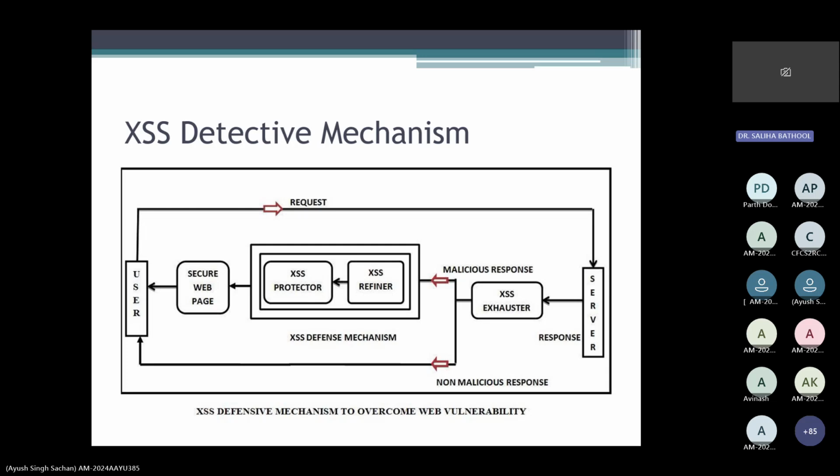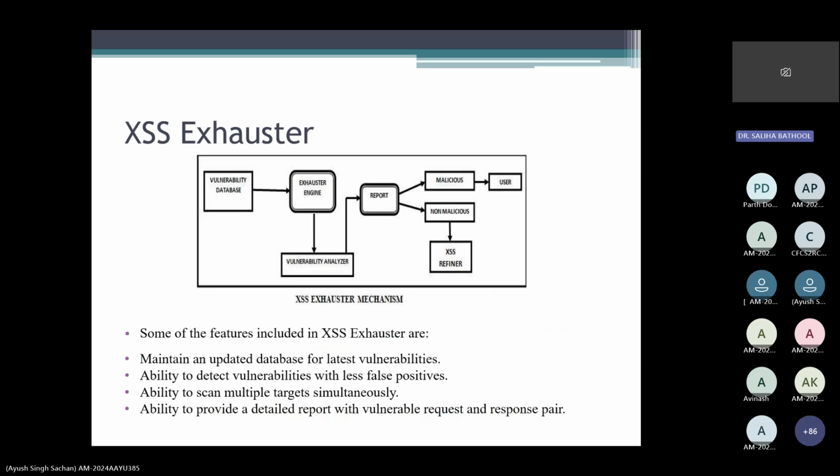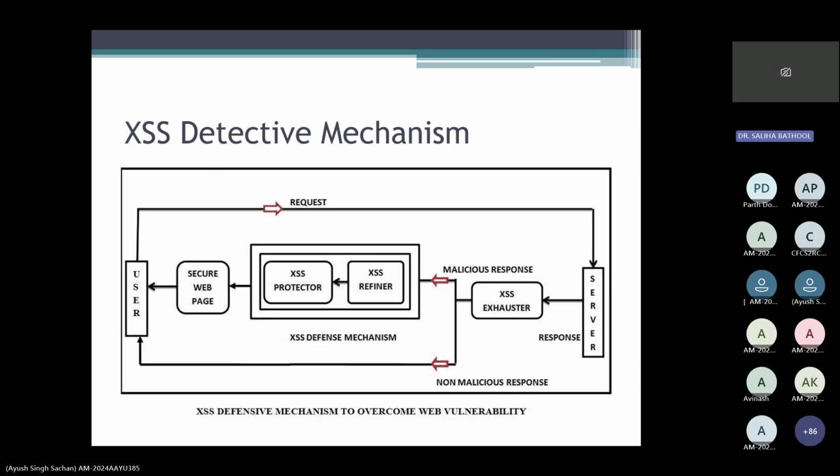It can be used as a two-way mechanism, in how the server gives responses to the users. In between, we get lots of issues like script injection and malicious content. So here I have given one mechanism.